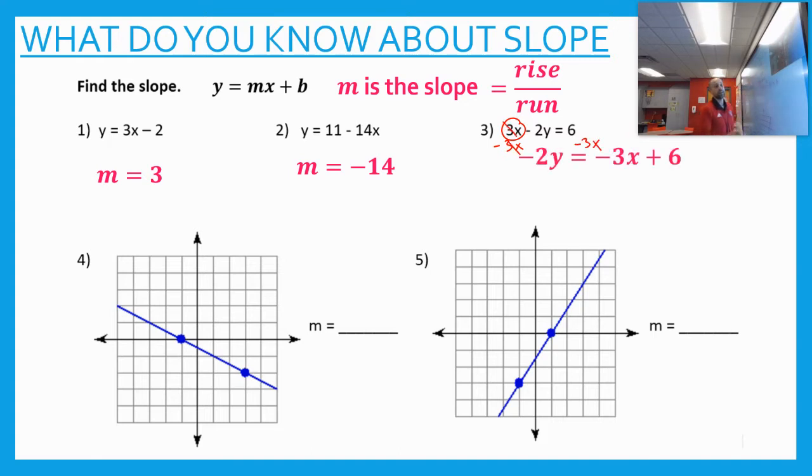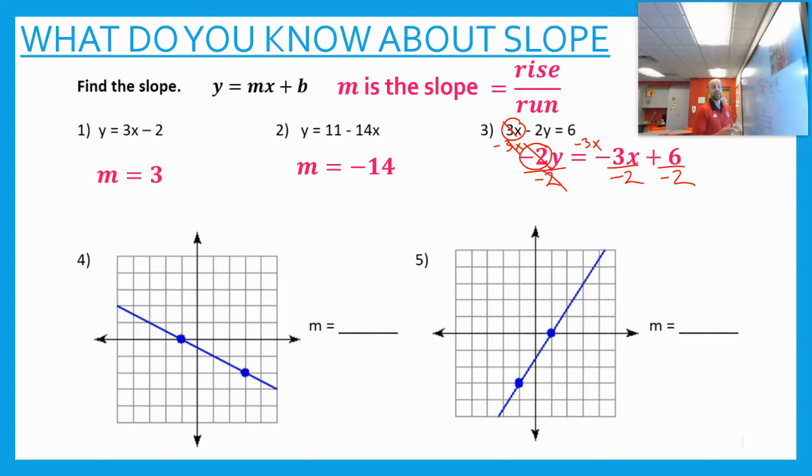And if I do that, I end up with negative 2y equals negative 3x plus 6. And now it almost looks like y equals mx plus b, but I still need to get rid of this negative 2. And in order to do that, I need to divide by negative 2. And I'm going to divide each of those other two terms on the other side by negative 2 as well.